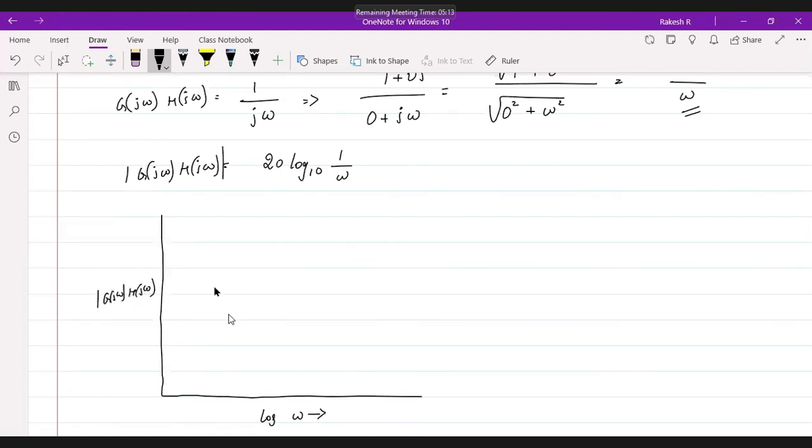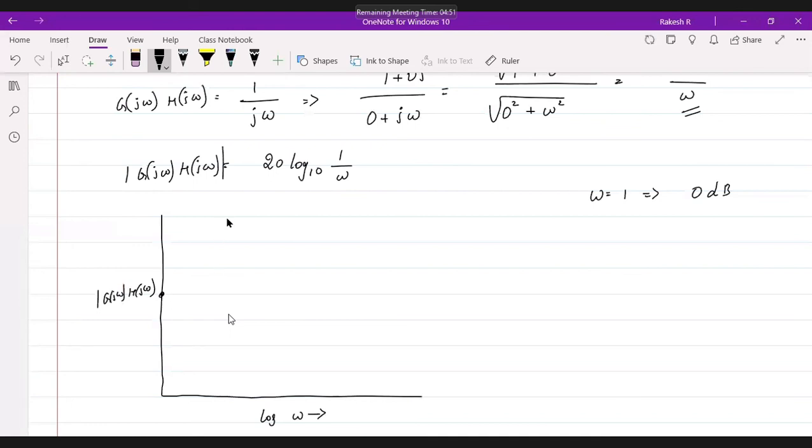Now just check for when the omega value is equal to 1. What you will get is 0, that means log 1 becomes 0. So that will be the 0 dB line here.